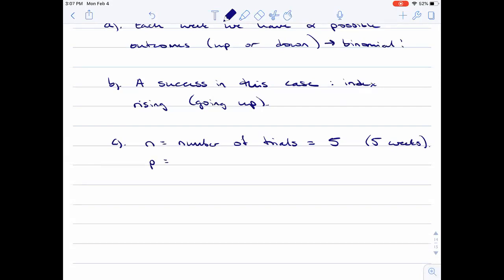And P is the probability of success, which it starts off by saying the S&P 500 index has a probability 0.56 of increasing in any week. So you want to make sure that that probability is actually matching the success that you're talking about. So in this case, 0.56.